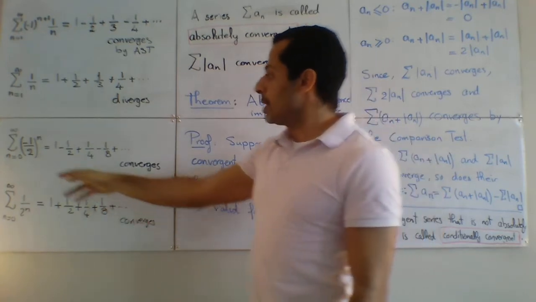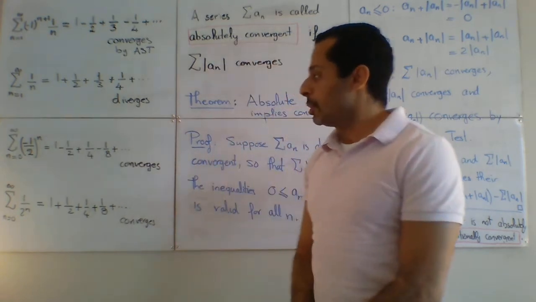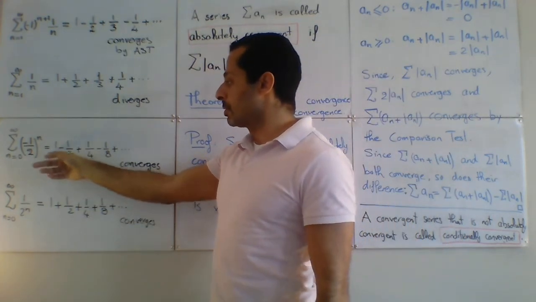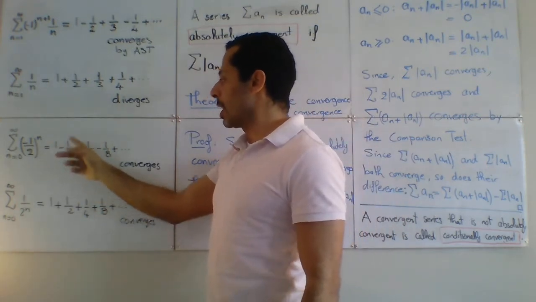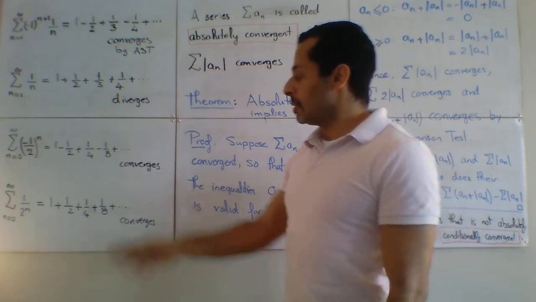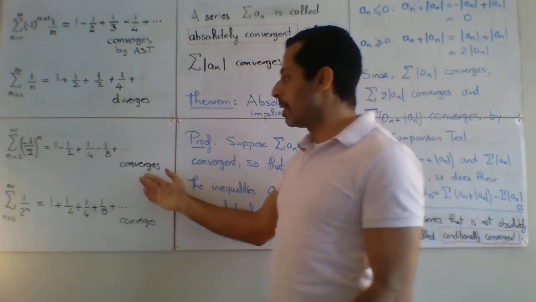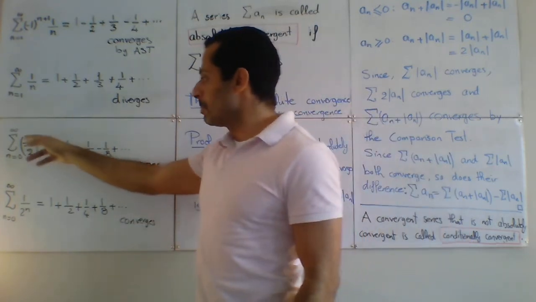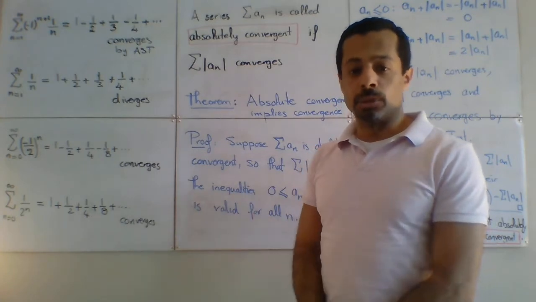On the other hand, if you take a series like negative 1/2 to the n, a series of non-negative powers of negative 1/2: 1 minus 1/2 plus 1/4 minus 1/8, etc. This is an alternating series, of course, and it converges by the alternating series test, because the a_n term, 1/2 to the n, is decreasing and goes to 0.